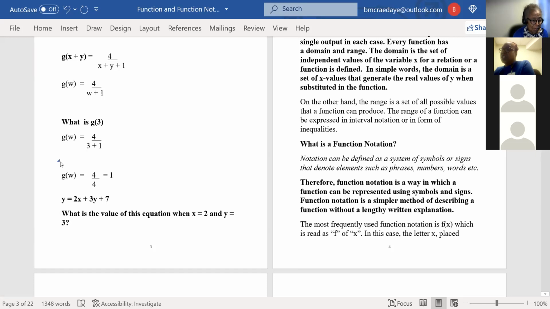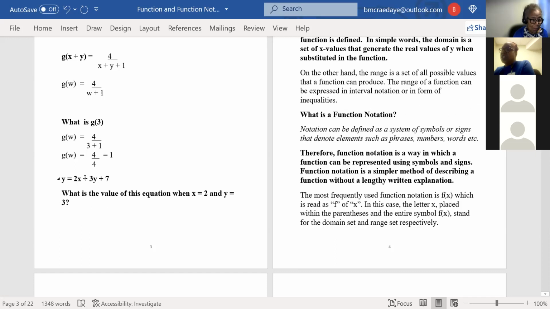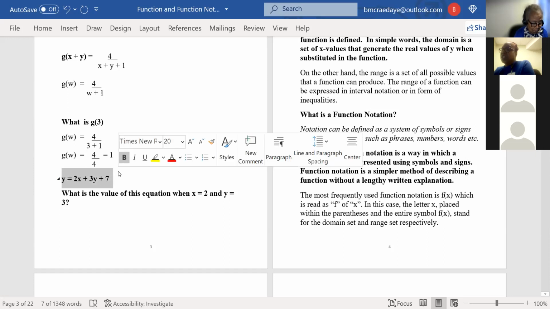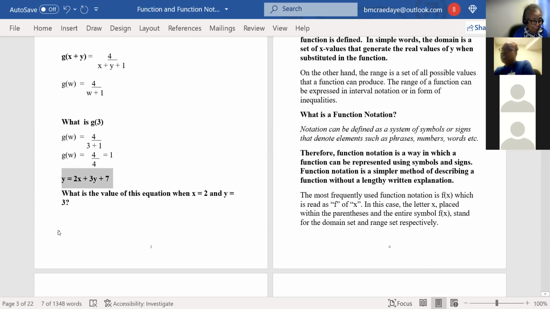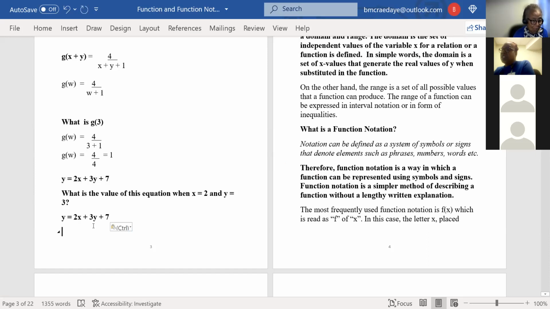Let me just bring this up so I can keep this on the same page. Let's just copy this and you tell me what to put. You said parentheses, and what would I put for the x? 2. Okay, x is 2.